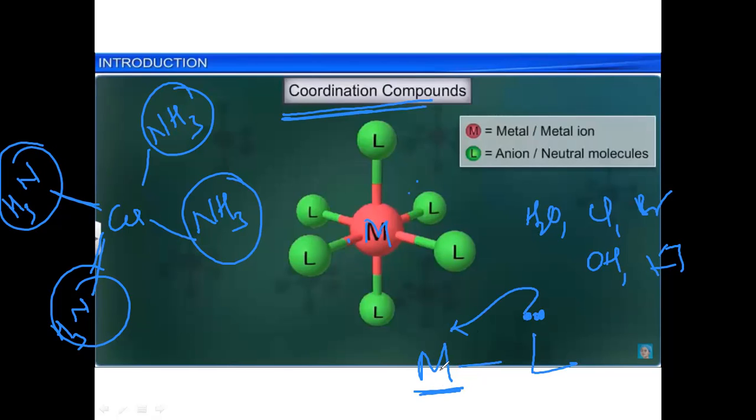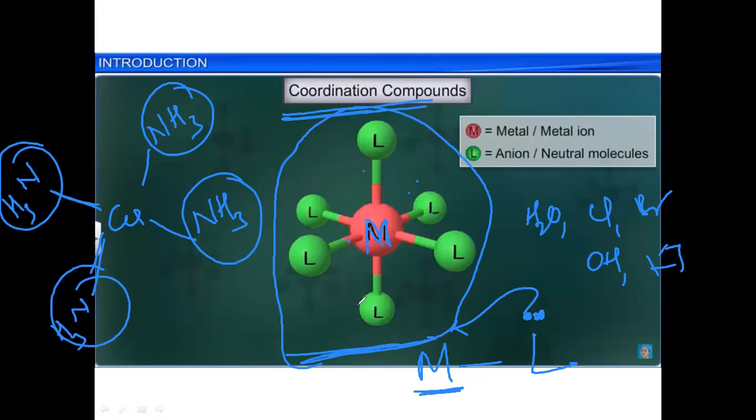Hence it forms a particular complex. Generally the structure which is called octahedral has a metal and six ligands coordinated to this central metal ion.